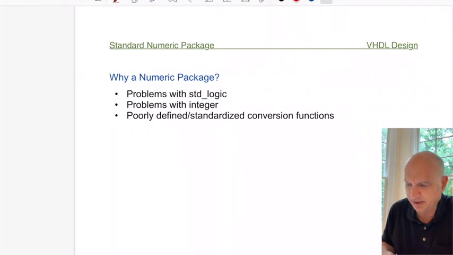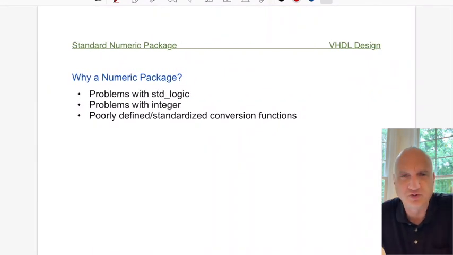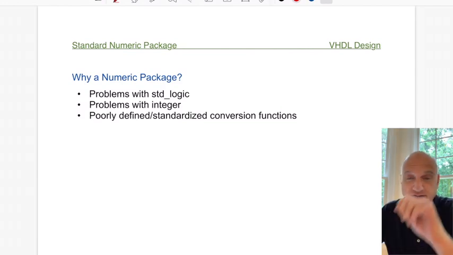It's an IEEE package that solves one of the big problems that we had early on, and that was if you want to treat a value as a grouping of signals like a bus as both a value and a vector, it was very difficult. You could create a standard logic vector, which was like an 8-bit bus or a 16-bit bus.